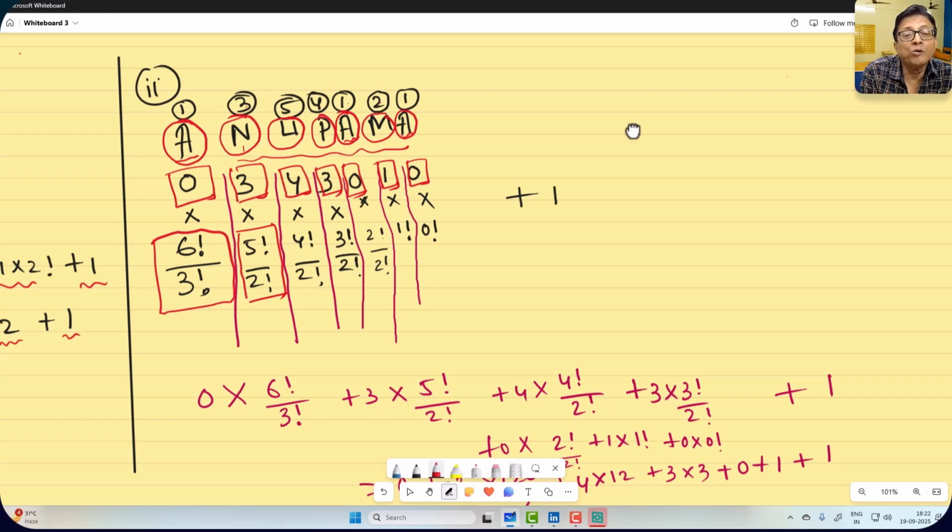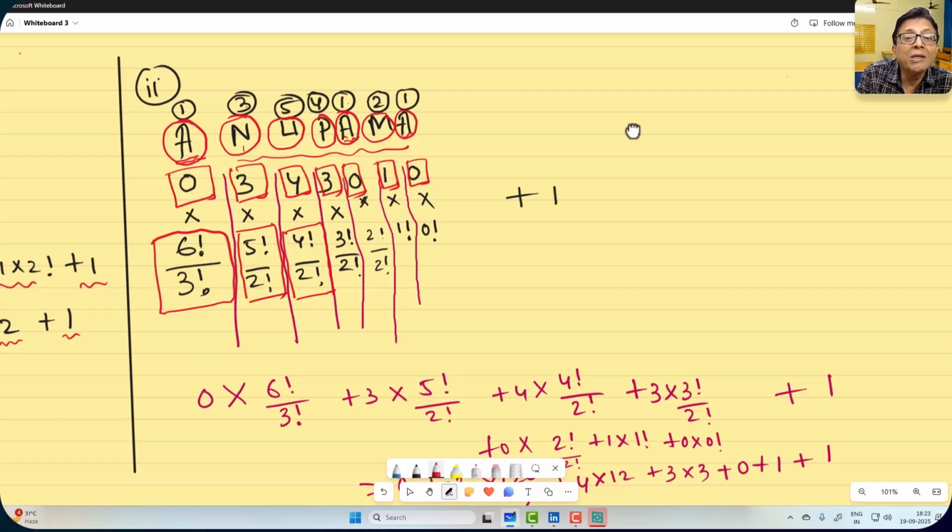Right side of U, 4 are there. Their arrangement will be 4 factorial by 2 factorial. And here, on the right side of P, 2 are there. Now a question arises, in the previous sums, we did not consider the rule of this. Why? Because repetition is there.